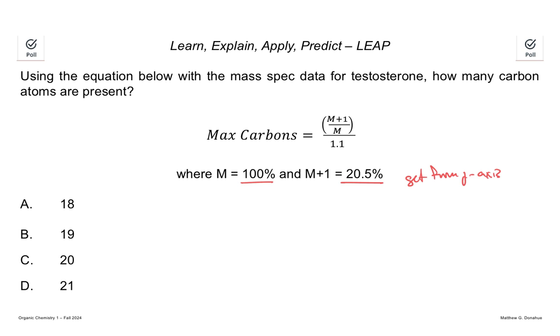They're not masses. So that M plus 1 is 20.5. The M is 100. And then we divide all of that by 1.1 because that's the C13 contribution.